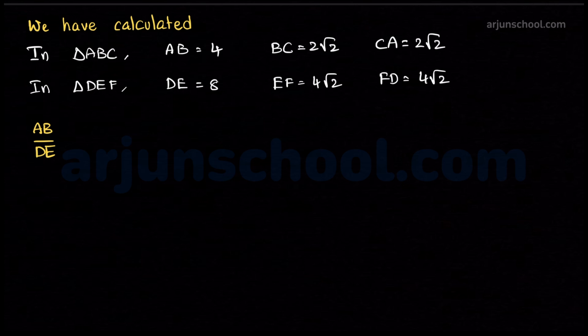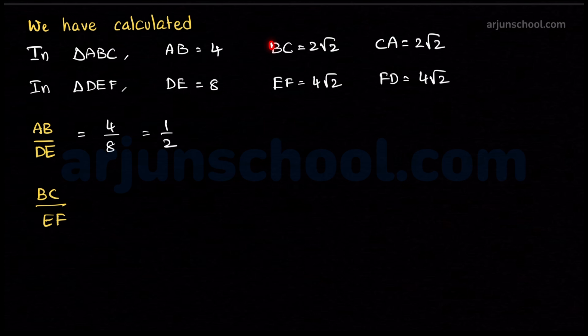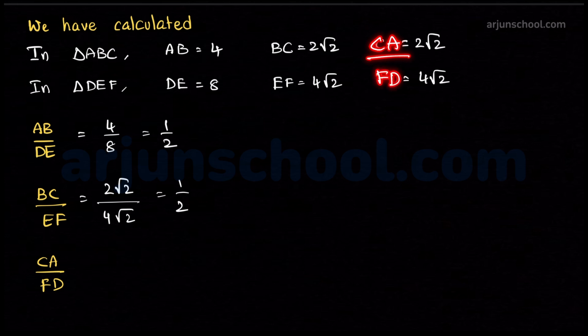AB is 4 units, DE is 8 units, so the ratio is 1 by 2. BC by EF: similar to sides AB and DE, BC and EF are the corresponding sides. BC is 2 times root 2, EF is 4 times root 2, which is equal to 1 by 2. Next, CA by FD. CA and FD are the corresponding sides in the triangles ABC and DEF. CA is 2 times root 2 and FD is 4 times root 2, which becomes 1 by 2.